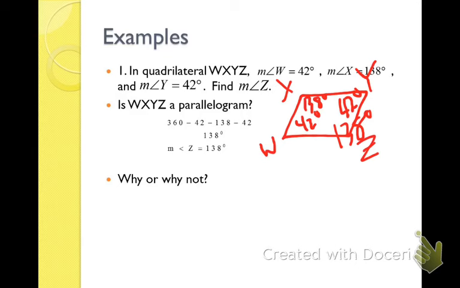Gage, what do you think? Yeah. Why? What's our reason? Because the opposite angles are congruent. Right. Opposite angles are congruent. Okay, so that's a reason why.